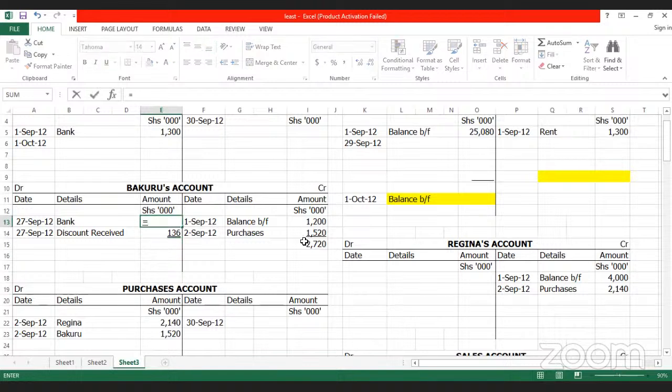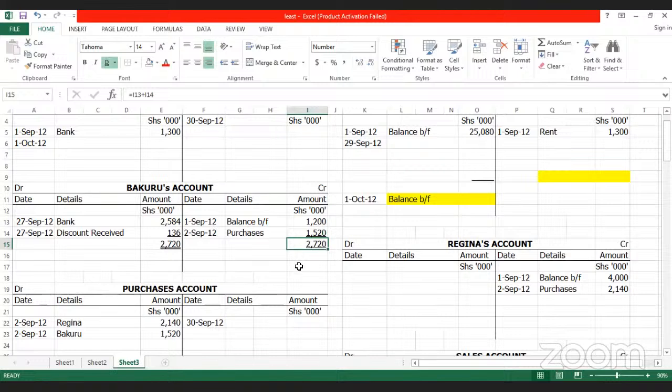So 2,584,000 is what Kabate has paid Bakuru, because there is a discount received. So Kabate is going to pay less by 136,000. So in fact, we can close this account because Bakuru's account has been settled with zero balance.